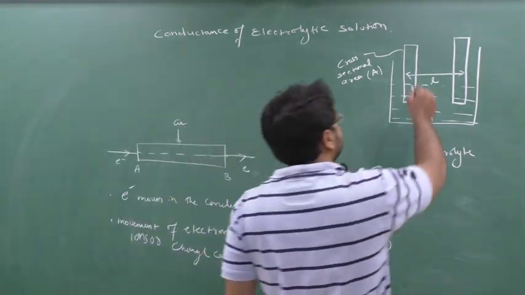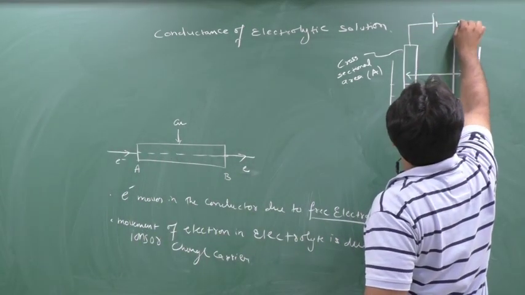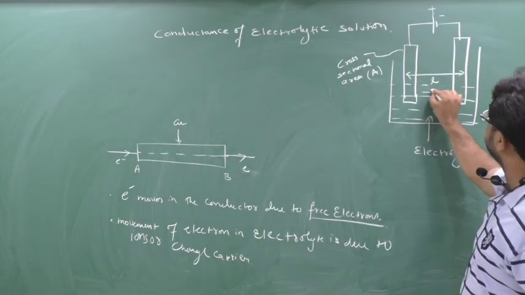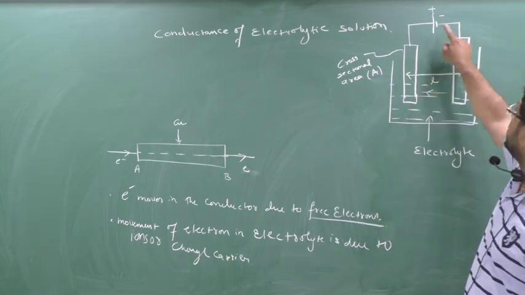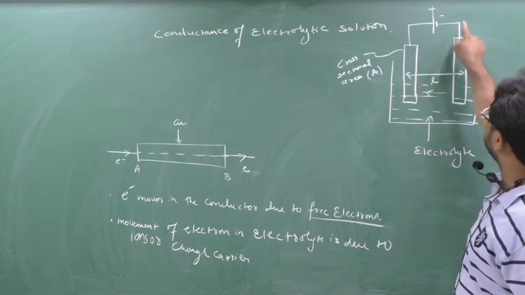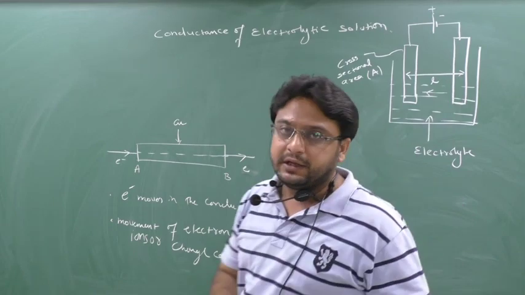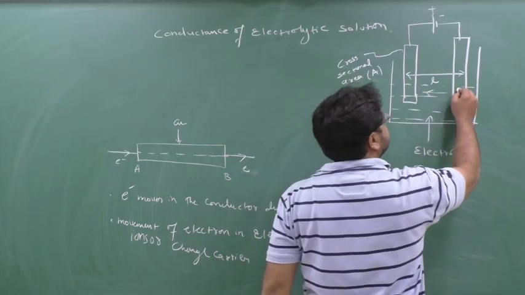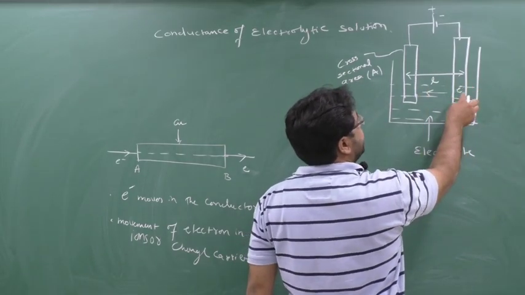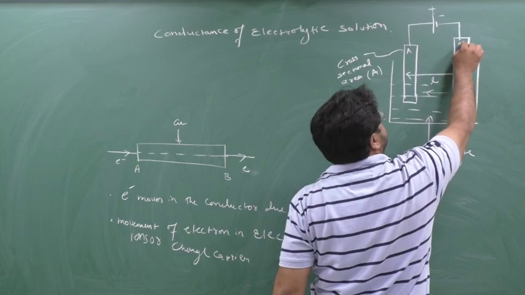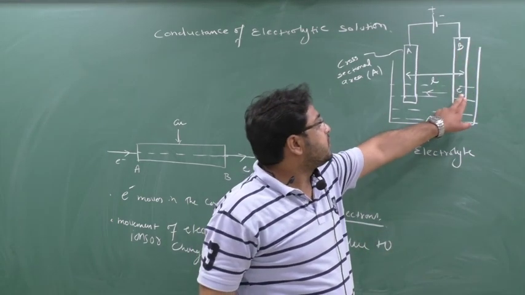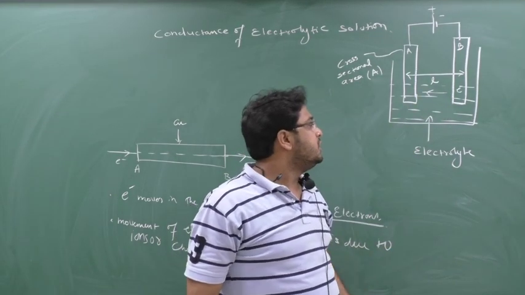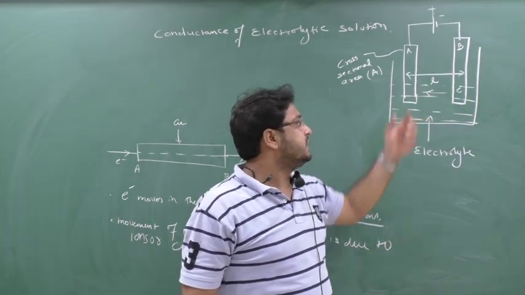See, if I connect here with a battery, the electron flows from here, then goes here, then comes here, so the electron is rotating in the circuit. If I consider this electrode as A and this as electrode B, the movement of electron from electrode B to A is through this electrolyte. So I can say this is a solution which conducts electricity.